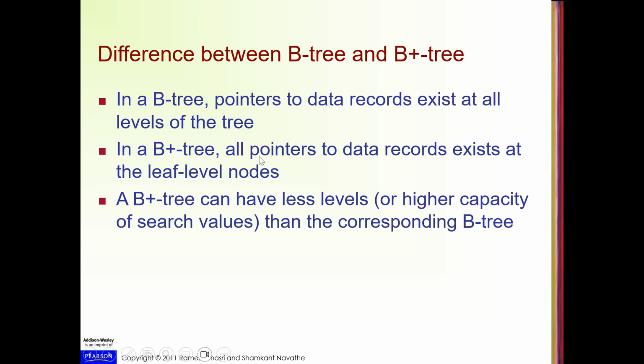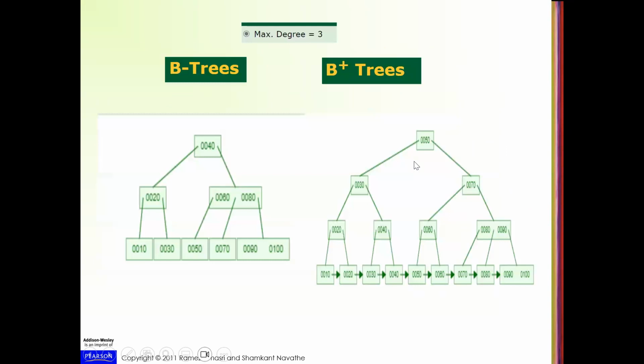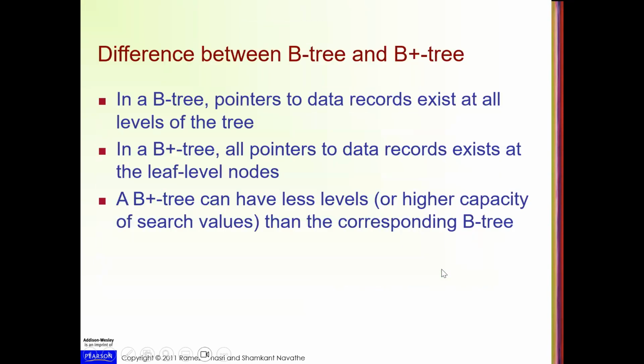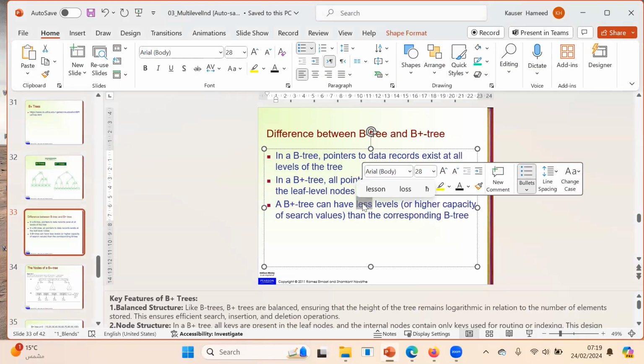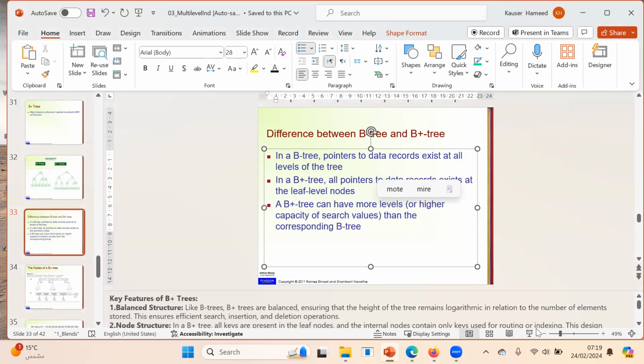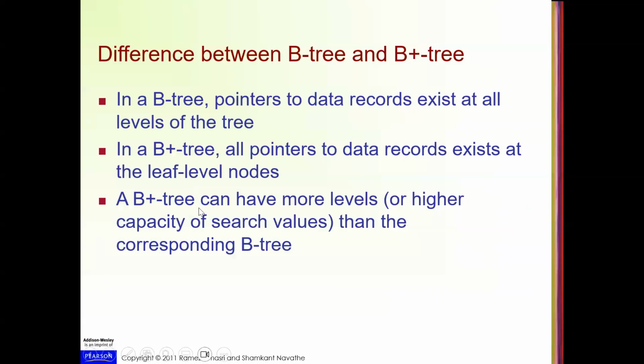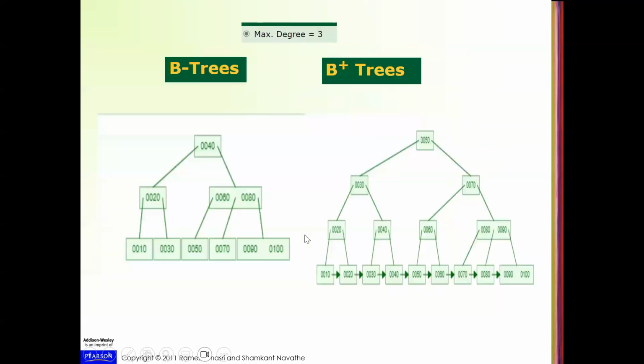Okay. Now, a quick recap about the B plus trees. In a B plus tree, all the pointers to the data records exist in the leaf nodes. A B plus tree can have more levels or higher capacity of search values than the corresponding B trees. Actually, this is not less, this is more levels.